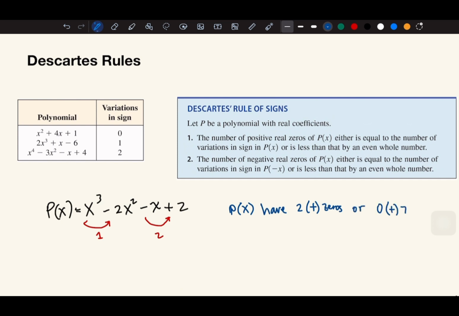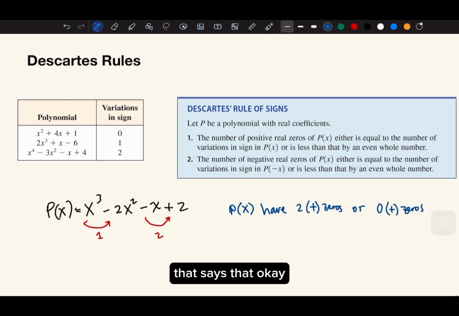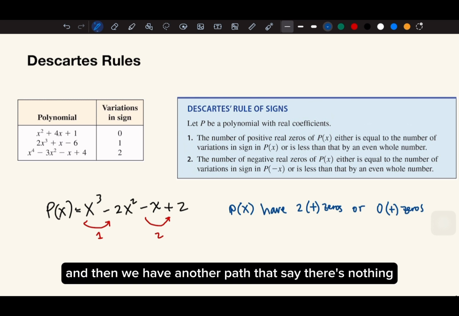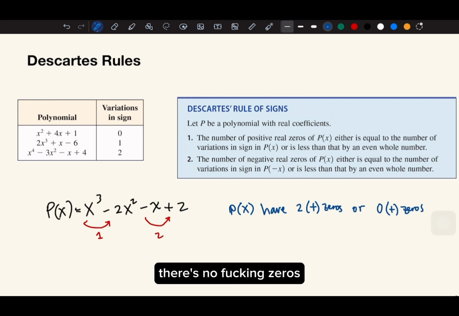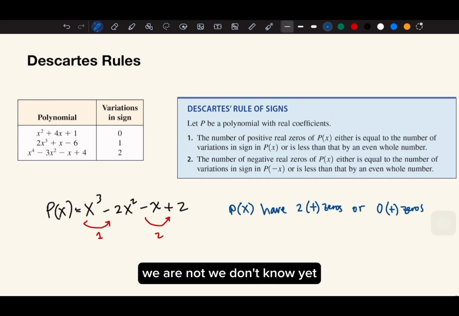What it means is we have one path that says it has 2 positive zeros, and we have another path that says there are no positive zeros. Which one is true? We don't know yet. This is just to give you some impression of what the roots could be. So you have one path, second path.